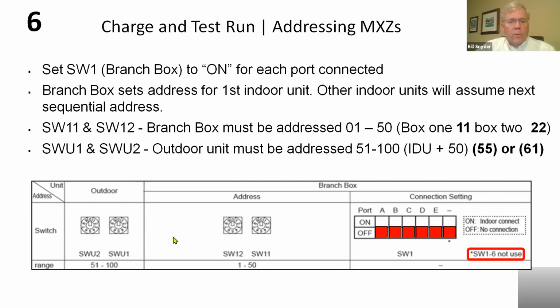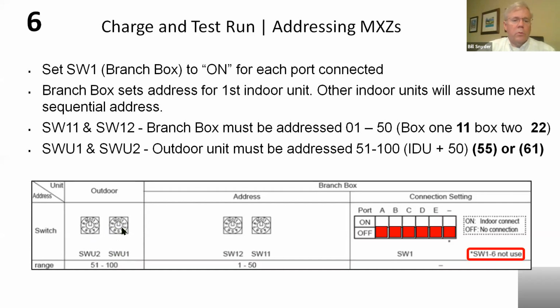That gets a little confusing because sometimes the branch box is upside down, sometimes it's on the side. The outdoor unit is labeled switch 1 is here, switch 2 is here. So if digit number 1 is here and digit number 2 is here and they say set for 51, do you set 5-1 or 1-5?